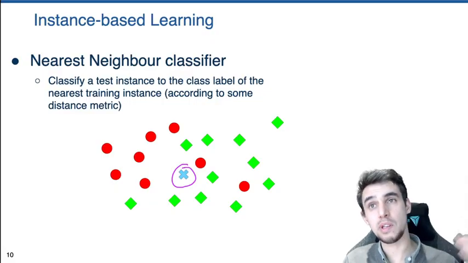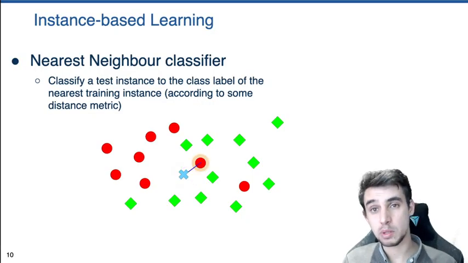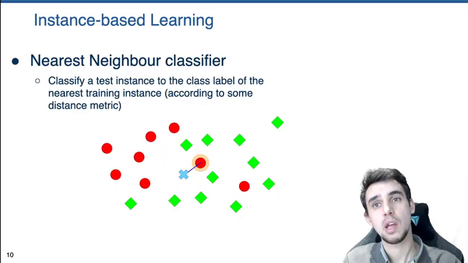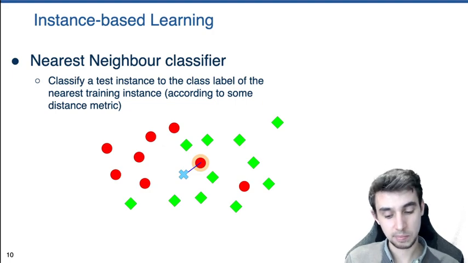To do this, the algorithm will try to find which sample from the training dataset is nearest. Here the training dataset is all the samples shown on the screen, composed of the red dots and the green squares.